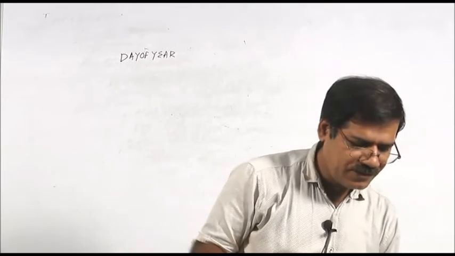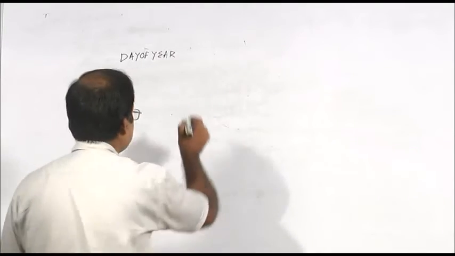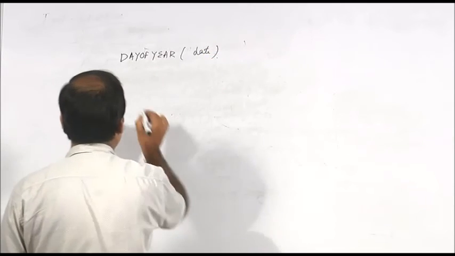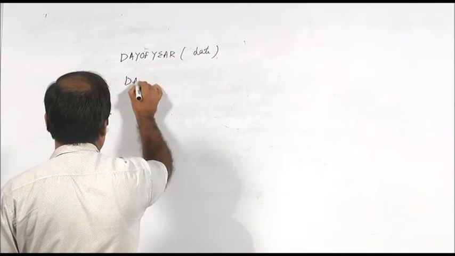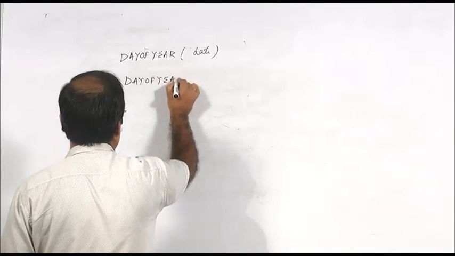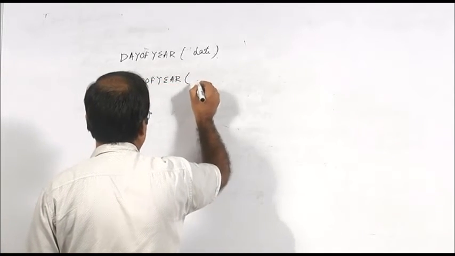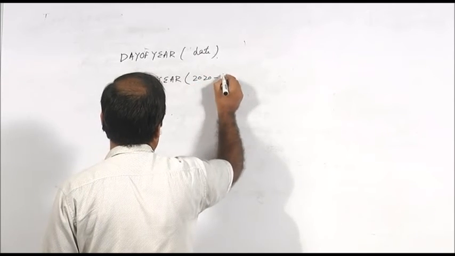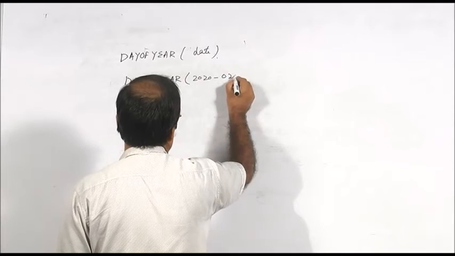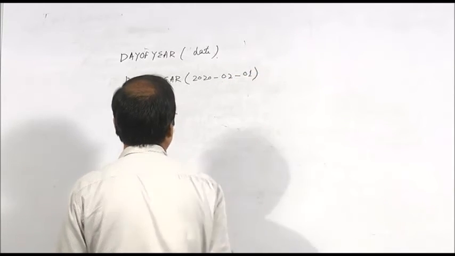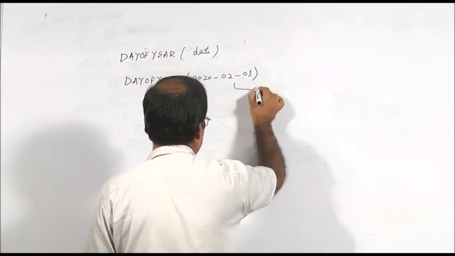Of a particular date. Suppose I will write day of year of the date 2020, 02, 01. So this is a date.